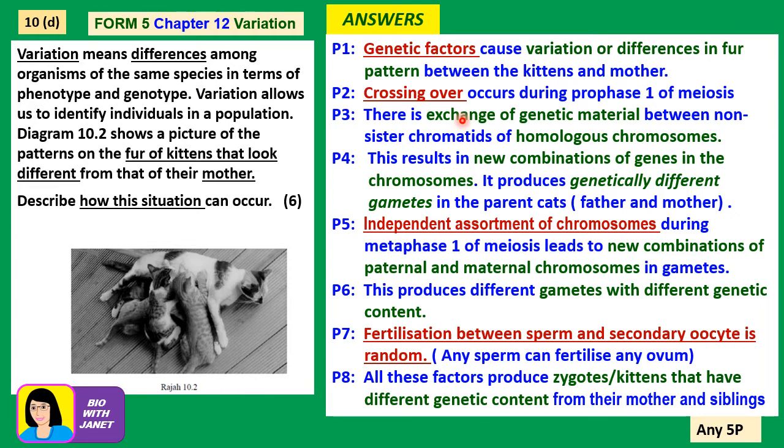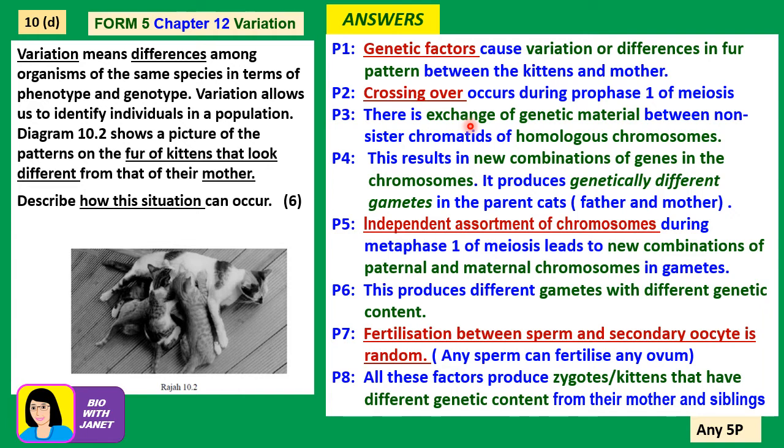And that is my feedback to you as an examiner, or as a marker, that you should break up your answers into paragraphs, so that it's easy for the examiner to find the answers and to give you the marks. So write in paragraphs. Now, crossing over occurs during prophase 1 of meiosis, that's the first point.